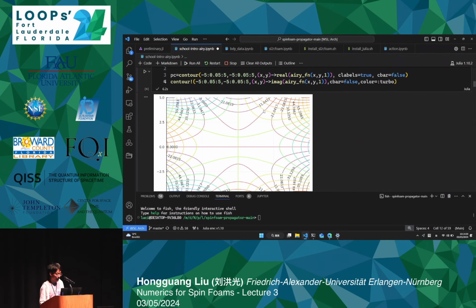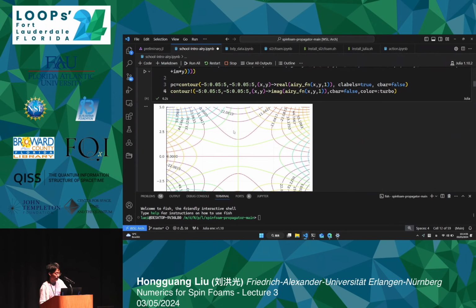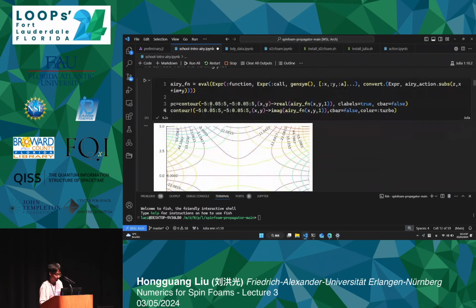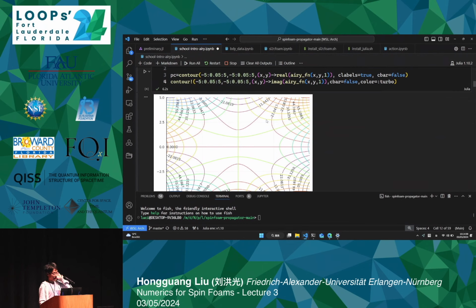And this red line is the constant real part. You can see these 2 points are the critical points. One is plus and another one is minus. So a is 1, what I used. So a equals 1 gives minus R and plus I, if you want. But there's something more.